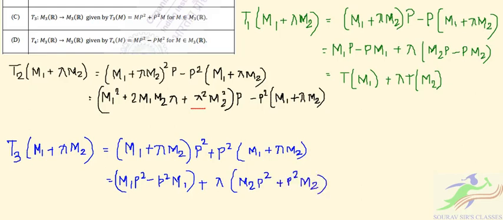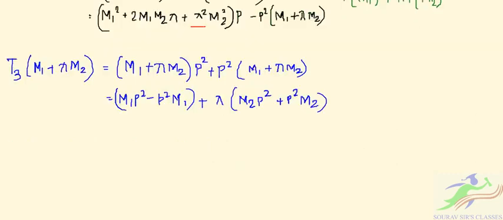So it can be written similarly as T3 of M1 plus lambda T3 of M2. So in our case the option C is also correct. This also can be linearly transformed.